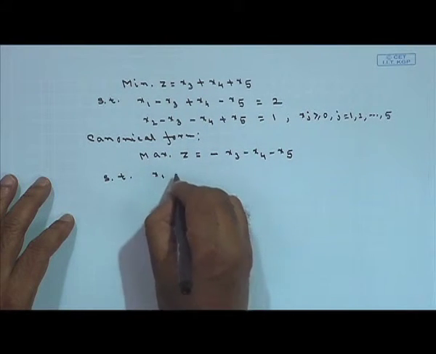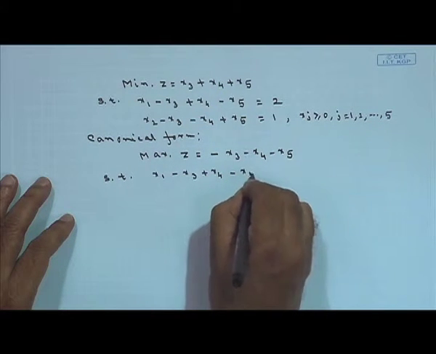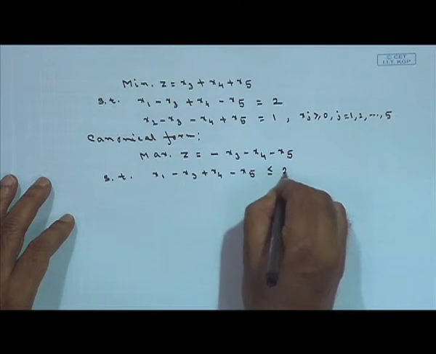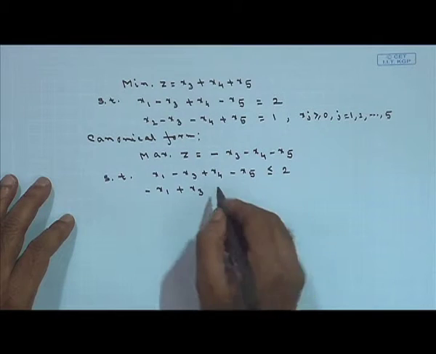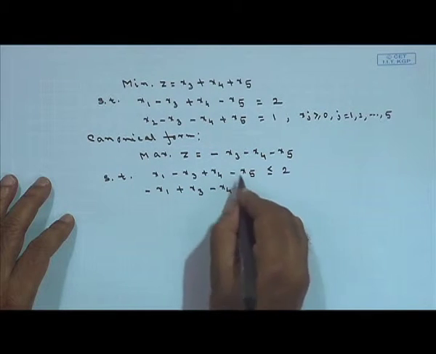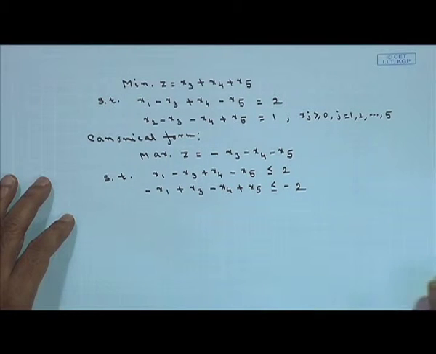So, this will be x1 minus x3 plus x4 minus x5 less than or equal to 2, and minus x1 plus x3 minus x4 plus x5 less than or equal to minus 2.